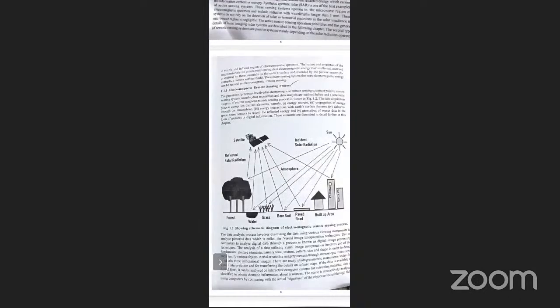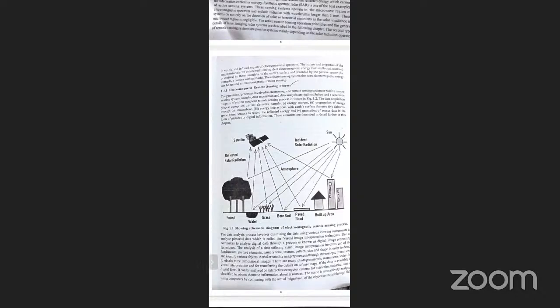That means you are taking the photograph without any flash, so whatever energy is available is what is used. A remote sensing system that uses electromagnetic energy can be termed electromagnetic remote sensing. If you use electromagnetic energy in taking photographs, that type of study is called electromagnetic remote sensing.